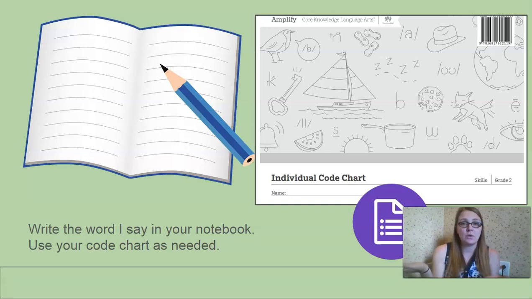Okay, for this part, you're going to need your notebook or a piece of paper and your individual code chart that we already filled out. I'm going to say a word and you are going to write that word down based on what you hear. Again, you can use your code chart to help you remember what letters make the sound that you hear. So, once you have those materials ready, I will say the word.